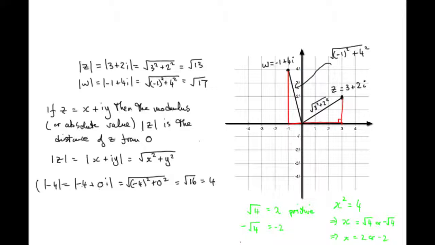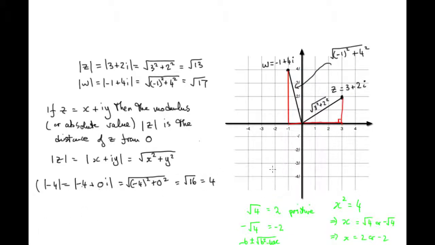After all, when you do the quadratic formula, -b plus or minus the square root of b squared minus 4ac, if the negative was implied by the square root sign, you wouldn't need a plus or minus outside. You just need a plus. So writing square root of 4 is positive. If we want the negative, we put a negative in front of it.